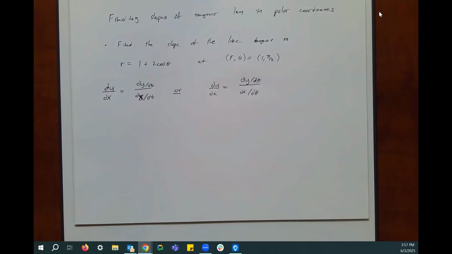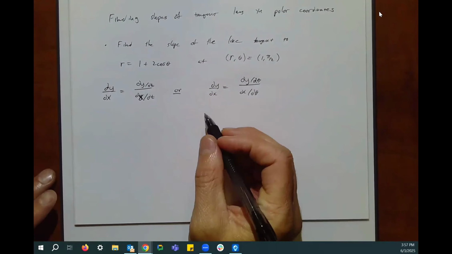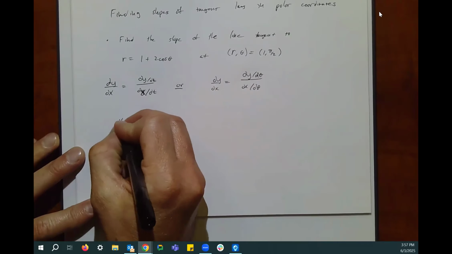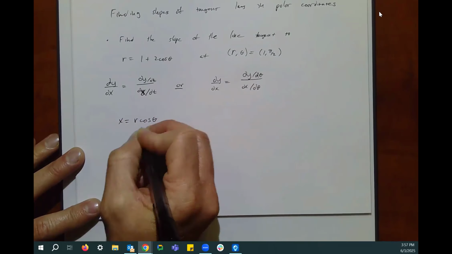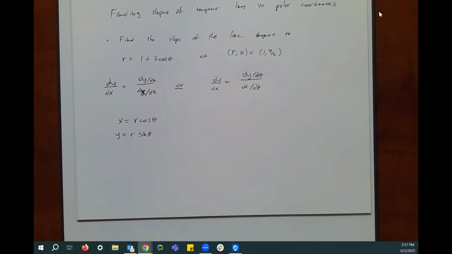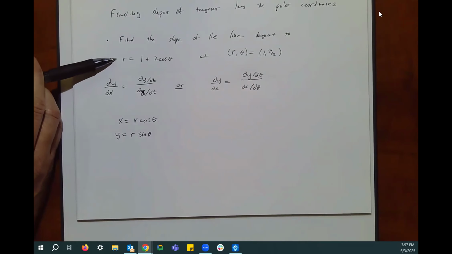But what about r? Well, how are we even going to get our parametric equations? Because to do this before, we had to have x as a function of t and y as a function of t. Well, remember how there's a way of going between polar coordinates and rectangular coordinates? That's what we're going to use. We're going to say that x is r times cosine theta and y is r times sine theta, which is still not great because I have an r, but we have an equation for r. r is equal to 1 plus 2 cosine theta.